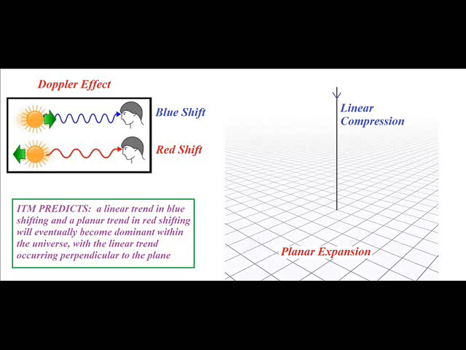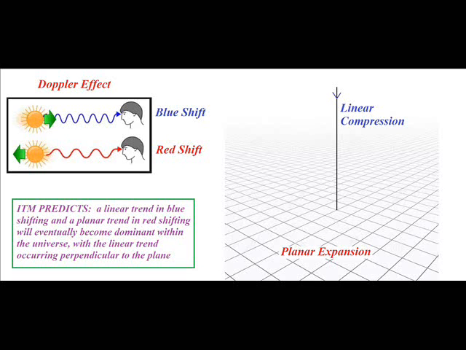Moreover, these are trends in galactic motion that, though they may not be apparent now, may become apparent at some time in the future. So the ITM test is not a one-time thing, but actually a periodic testing of the cosmos that is indefinite until such time that positive evidence is detected.